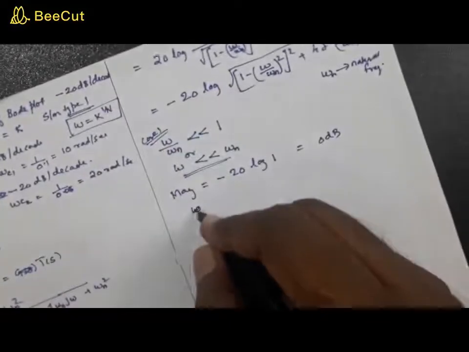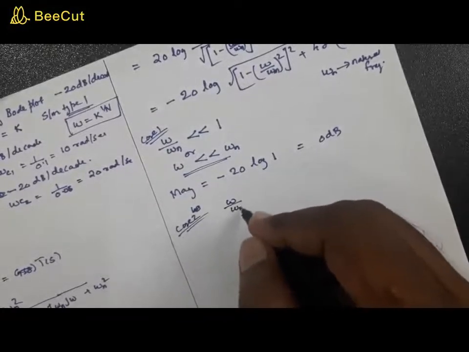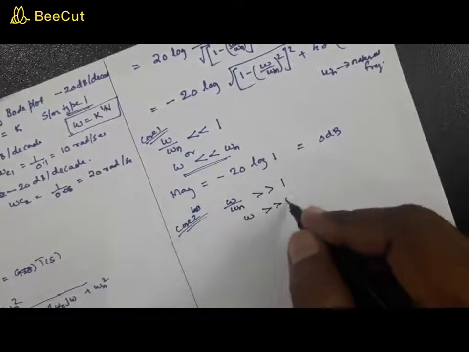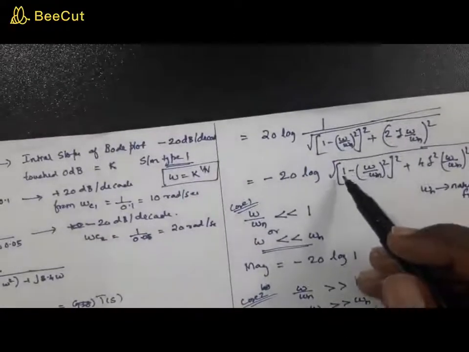So this is case 1. Now let us see another case, case 2, where omega by omega n is much higher than 1, or omega is much greater than your natural frequency. Then you can neglect this one, right?